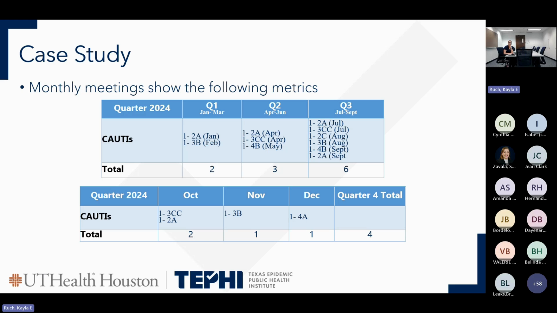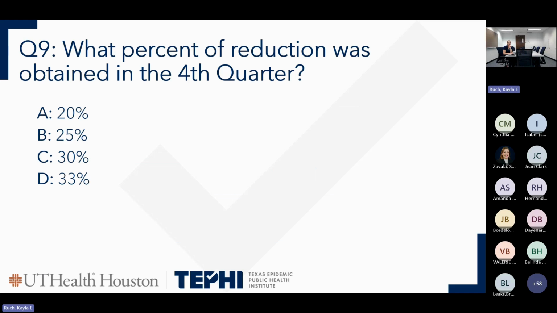So now in our next quarter, you see the previous data from quarter 1, quarter 2, and quarter 3, and then for quarter 4, October, November, and December, you see that we have switched down to 4 catheter-associated events for the whole month, so that's great that we started trending down.